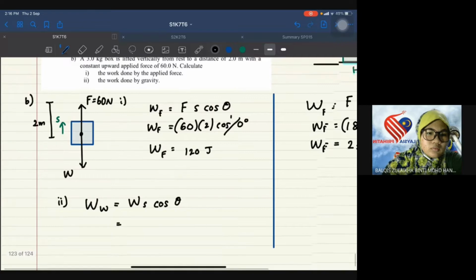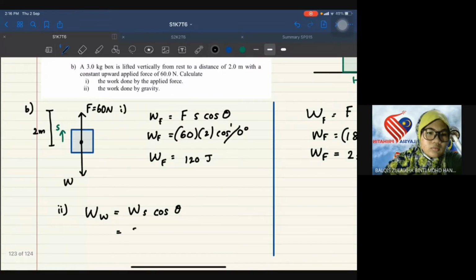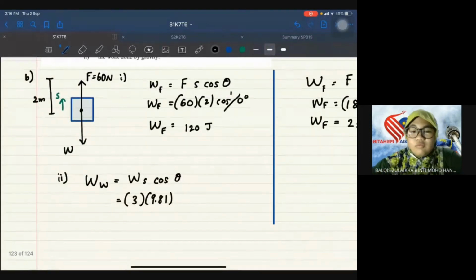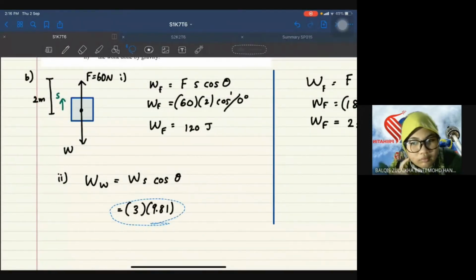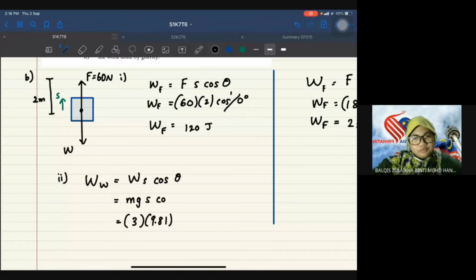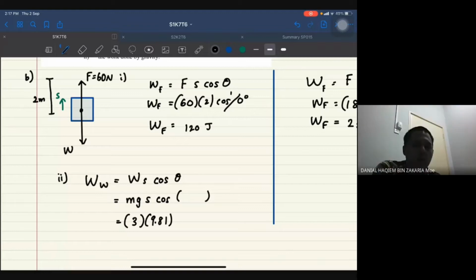The weight is equal to mg, so 3 times 9.81. What's the angle between weight and S? 180.